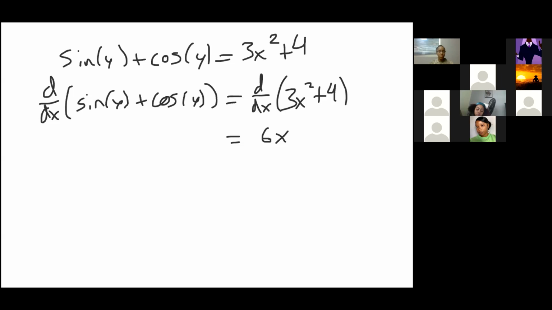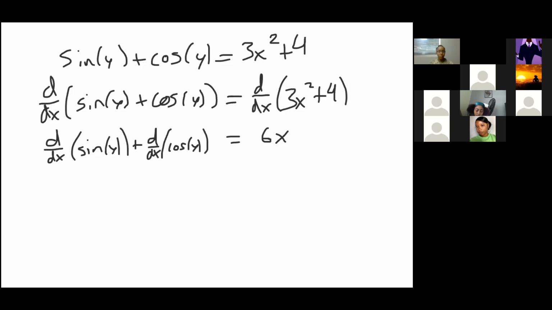Now on that left-hand side, I see I have some y terms. So that's where I'm going to have to be more careful. So let's again just take it step by step, make sure I can isolate the derivatives that I need to calculate. So I can split that derivative on that left-hand side over the addition. So this is the derivative with respect to x of sine of y plus the derivative with respect to x of cosine of y.